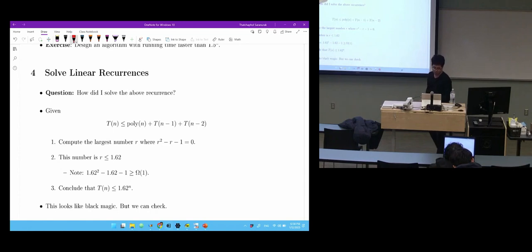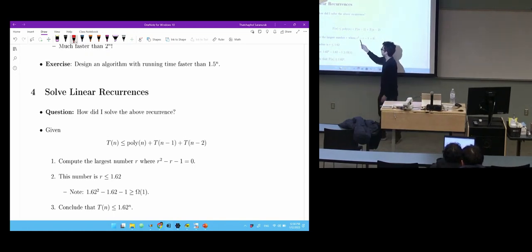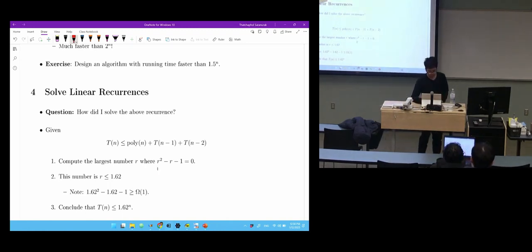The quick way to do this is that I look at this equation, then I look at the largest root of this polynomial, that is the largest number r such that this polynomial is 0. This r is going to look like a golden ratio thing.